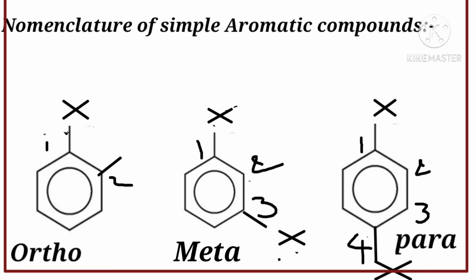In meta, position 1,3, the compound is said to be meta if the 2 substituents are on alternative carbon atoms. So that is called the meta position.